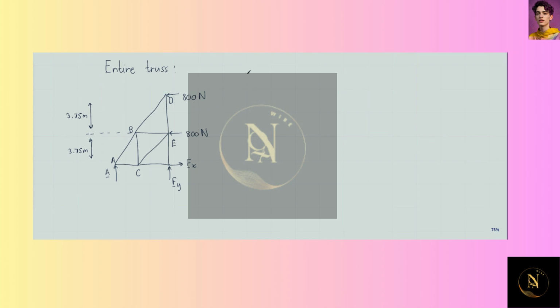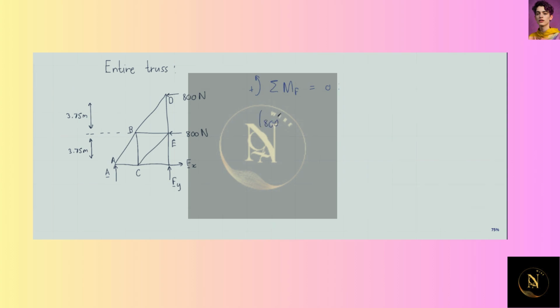If we look at the free body diagram for the entire truss and take anticlockwise moments to be positive, the sum of the moments about point F must equal 0, since the system is in equilibrium.